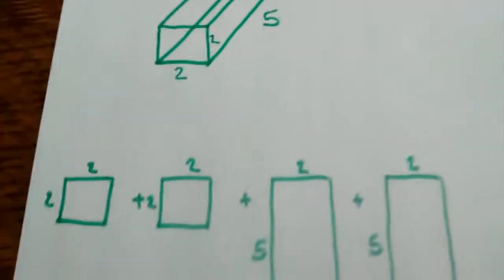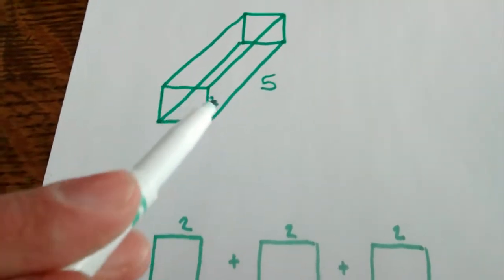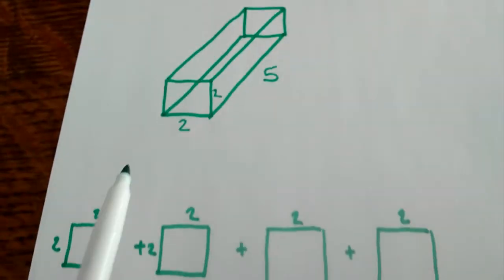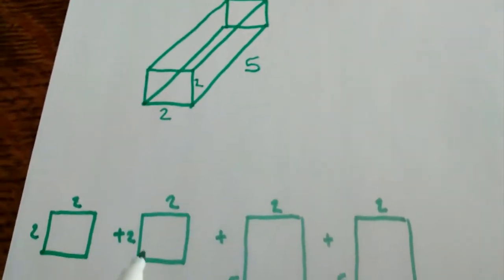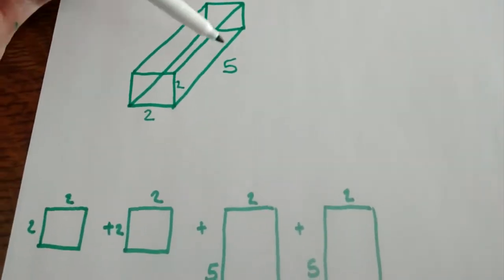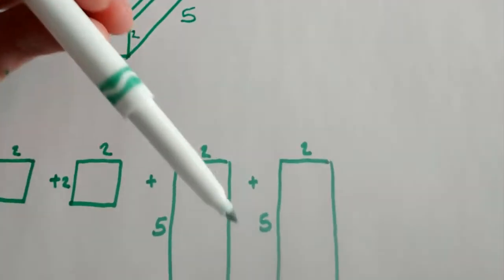So here's what I'd recommend doing. It involves isolating every side of that rectangular prism. So first I isolate the front, 2 by 2. Then I isolate the back, which is the same, 2 by 2. And then I isolate the top and the bottom. The top is 2 by 5 and the bottom is 2 by 5.